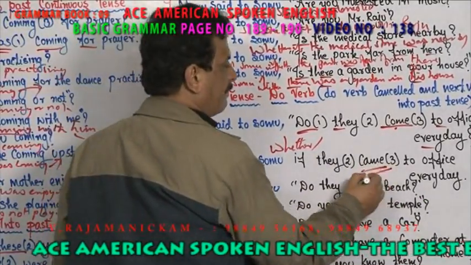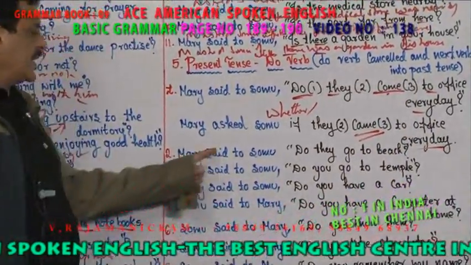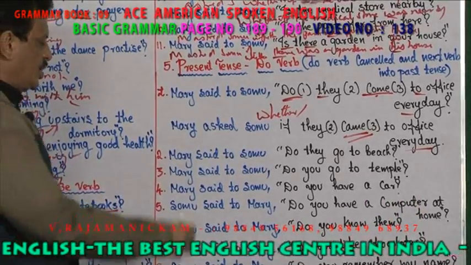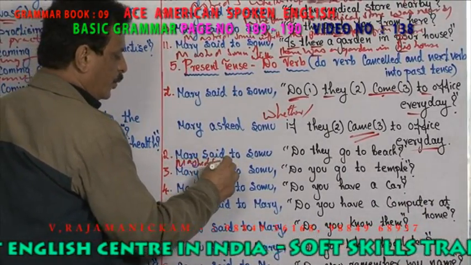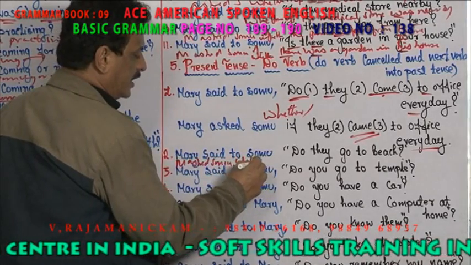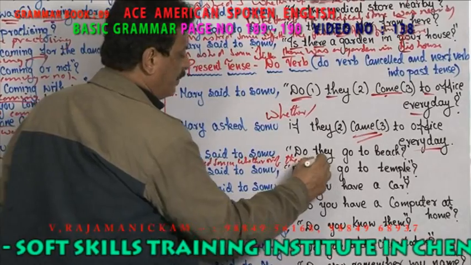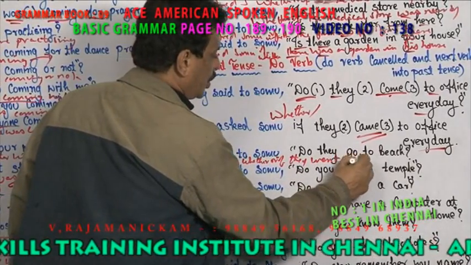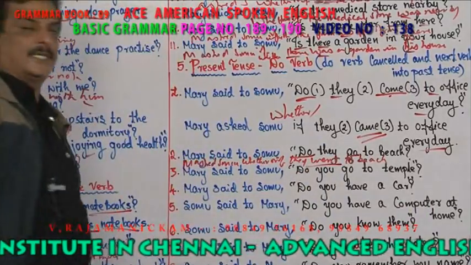Whether they came to office every day. You got it, sir? So Mary said to Somu, do they go to beach? How does it change? Mary asked Somu whether or if they went to beach. Went to beach, right, sir? So do go changes into went.